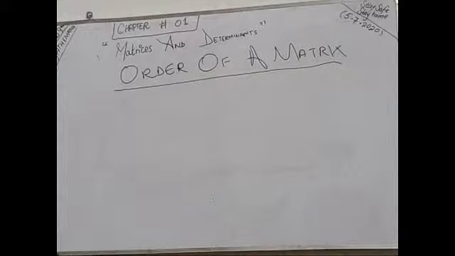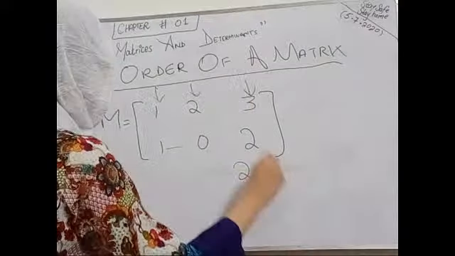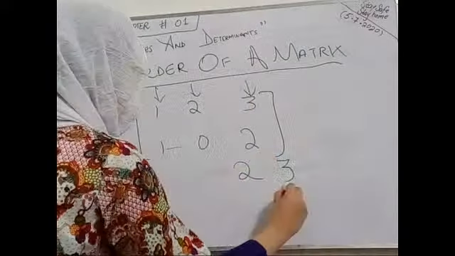So it has 2 rows. And how many columns, vertical entries, does it have? 1, 2, and 3. 3 columns. 2 by 3 is the order of this matrix.